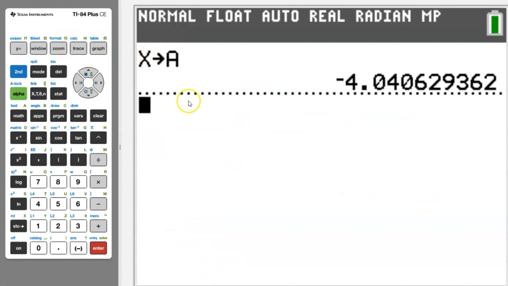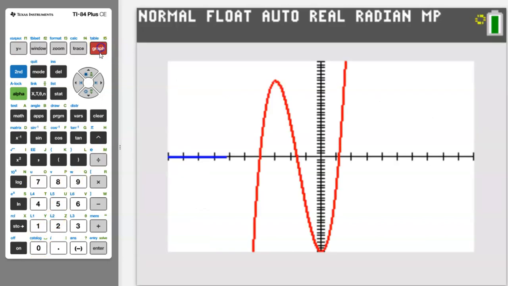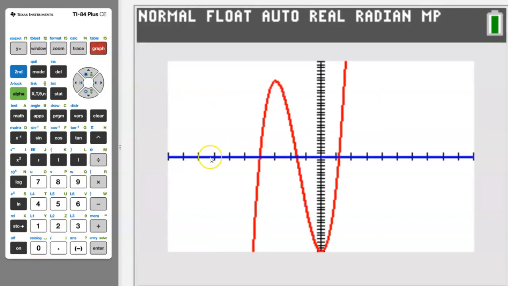I'm going to show you how to find the next critical value using a slightly different method. So go back to y equals. For this method, we need to graph the x-axis itself. So I'm going to put y1 equals 0. So just hit graph, and you can see that the x-axis is now graphed in blue. Now I want to find this middle intersection point.